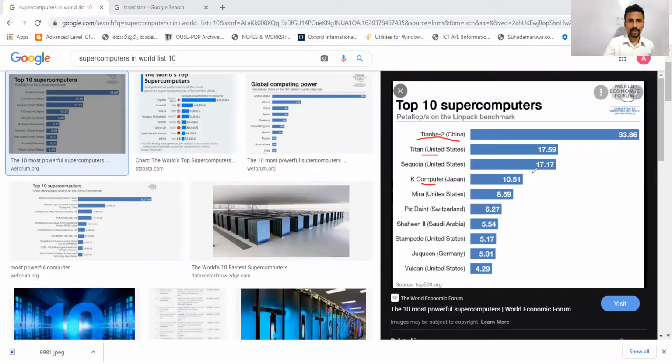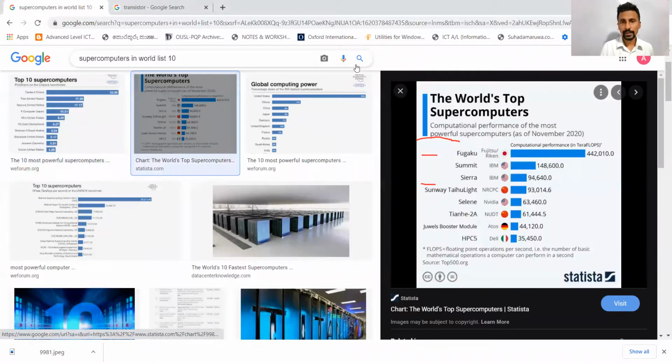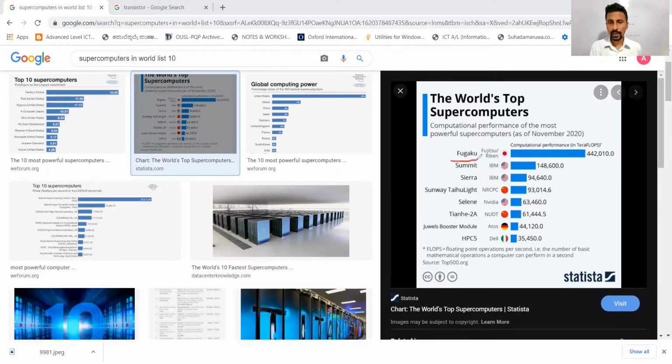But nowadays, as of November 2020, this is the supercomputer list. The first one is Fugaku, that is from Japan. There are a few others from the USA and China, and Tianhe from China has come again, but Fugaku is the best one, right?